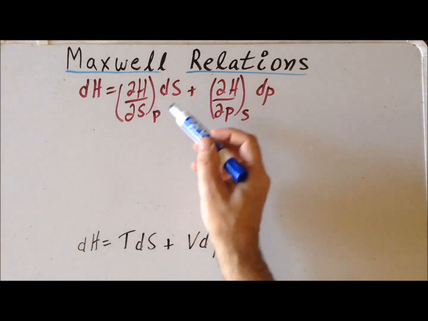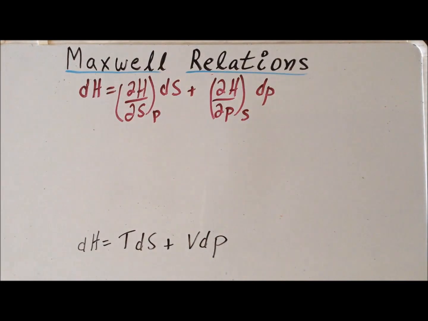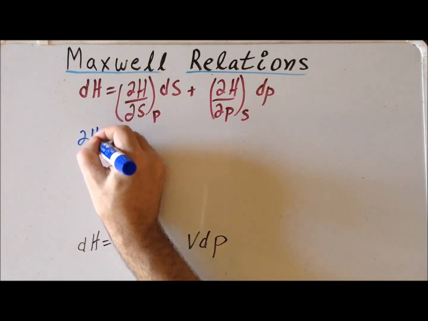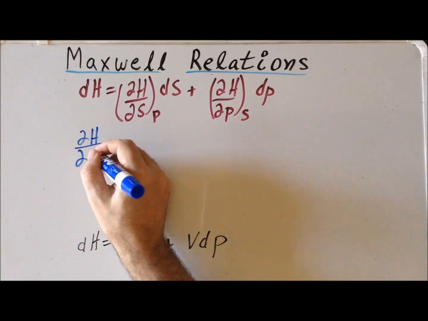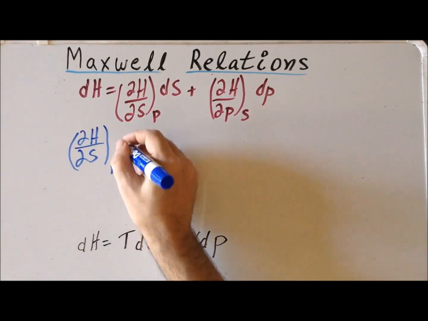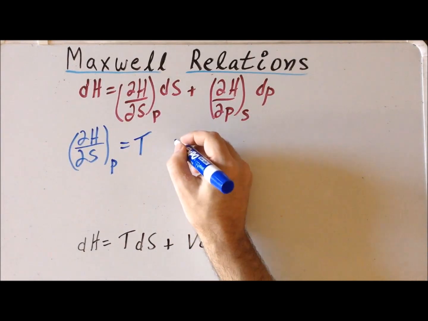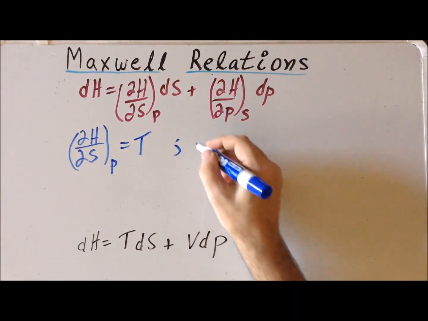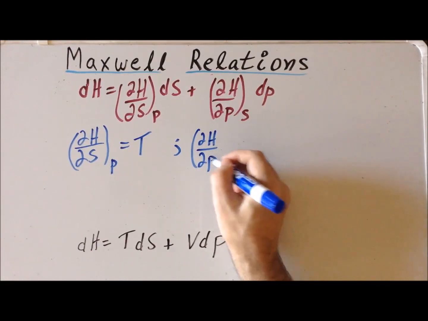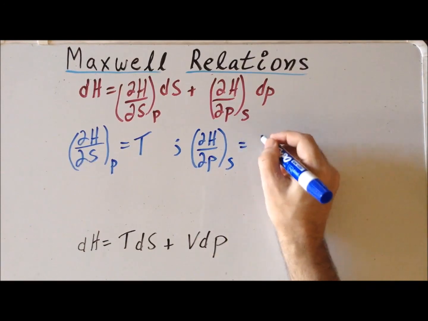As a result, the coefficients of dS and the coefficients of dP have to be equal. The two expressions are always equal. So the change in the enthalpy as a function of the entropy at constant pressure has to be equal to that coefficient, which is T. Similarly, the change in the enthalpy as a function of the pressure at constant entropy has to be equal to the volume.